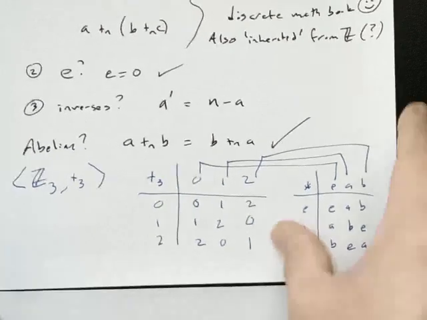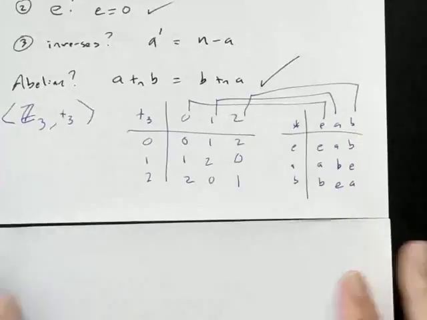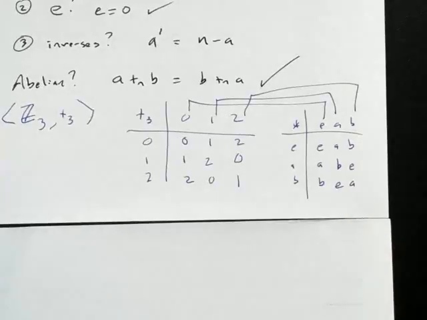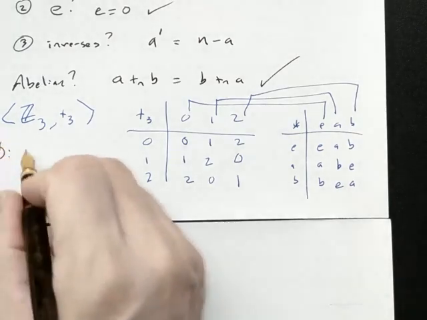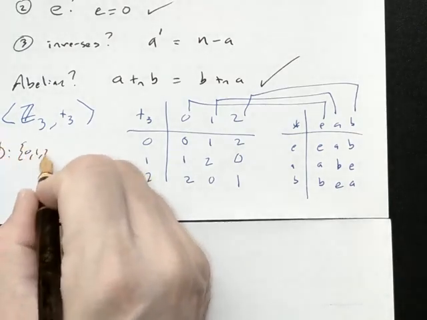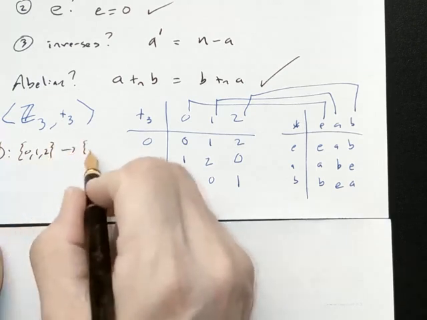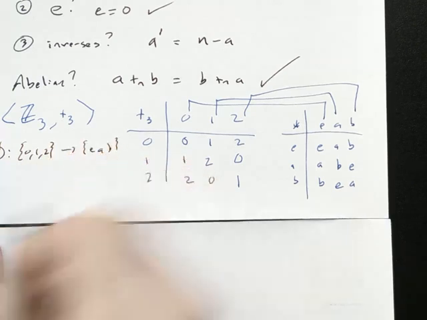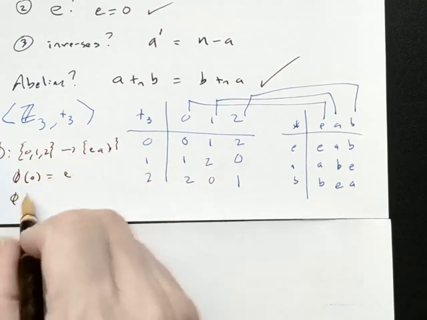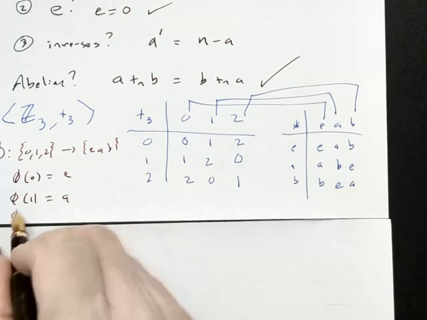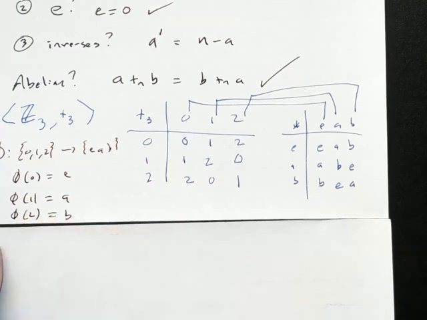How do we know if the graph is isomorphic in this case? Oh, the function is an isomorphism. So the function here, phi, goes from the set 0, 1, 2 to the set E, A, B, and phi of 0 is E, phi of 1 is A, phi of 2 is B. That's 1 to 1 and onto, right? Does it preserve the group action?